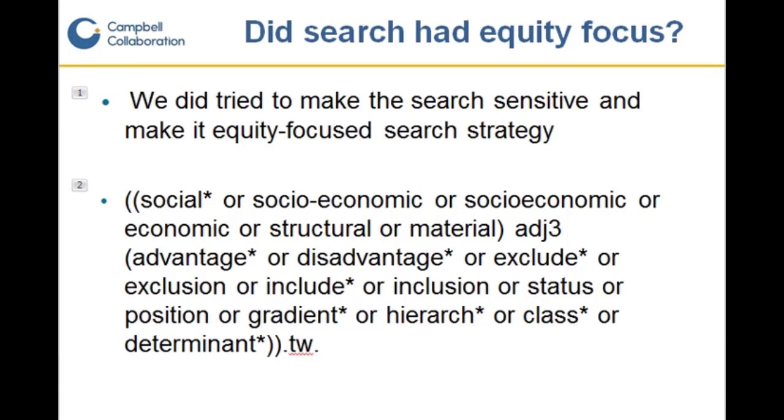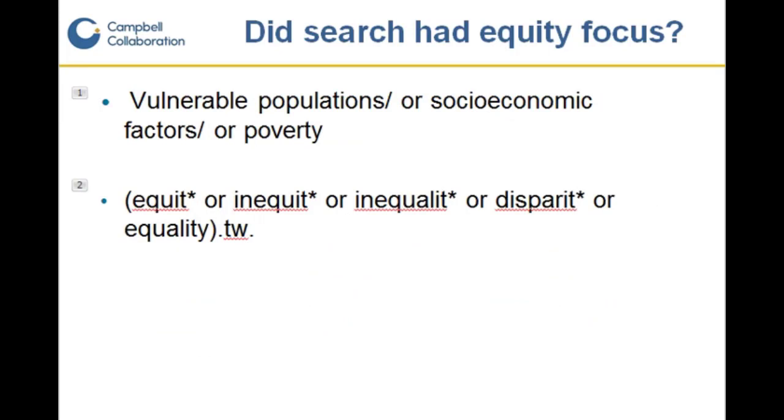We tried to include terms like disadvantage, hierarchy or determinants. Apart from that, we also included terms specifically related to vulnerable population, socioeconomic factors, or poverty. We also included different variants of equity, inequity, inequality, and disparity.